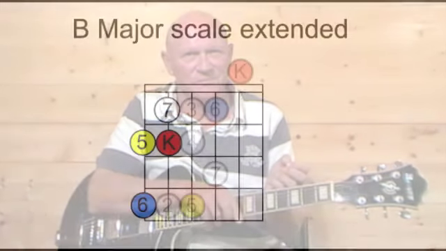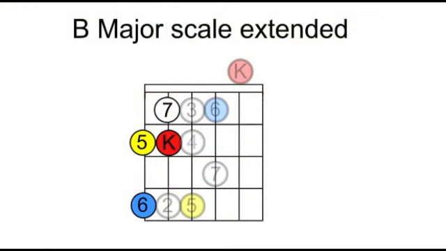Now there's a couple of ways around this problem, but here's the one that's easiest to play. First we extend the scale downwards by thinking of the key note B at the second fret on the A string, not as note 1 but as note 8 in the scale, and working back down to locate notes 6 and 5 in the lower octave.